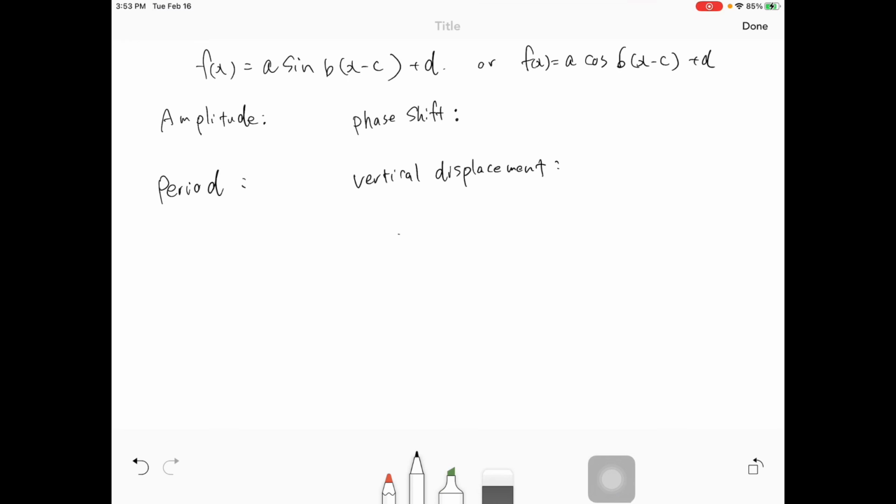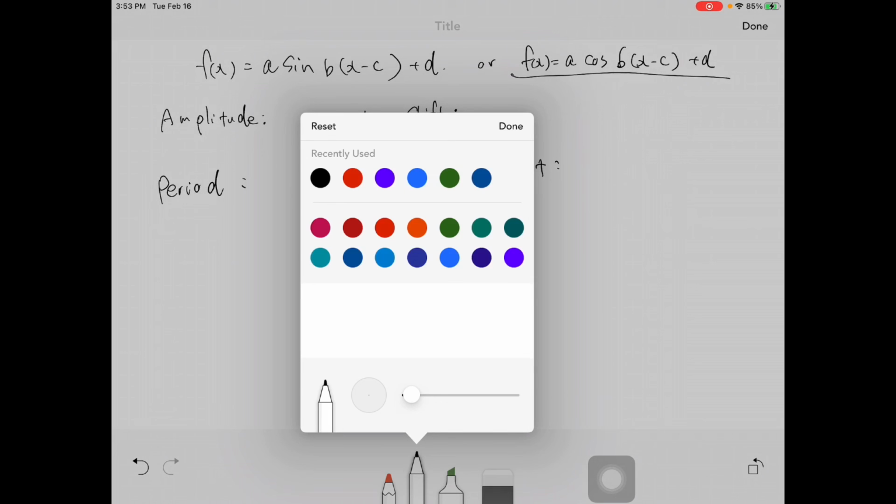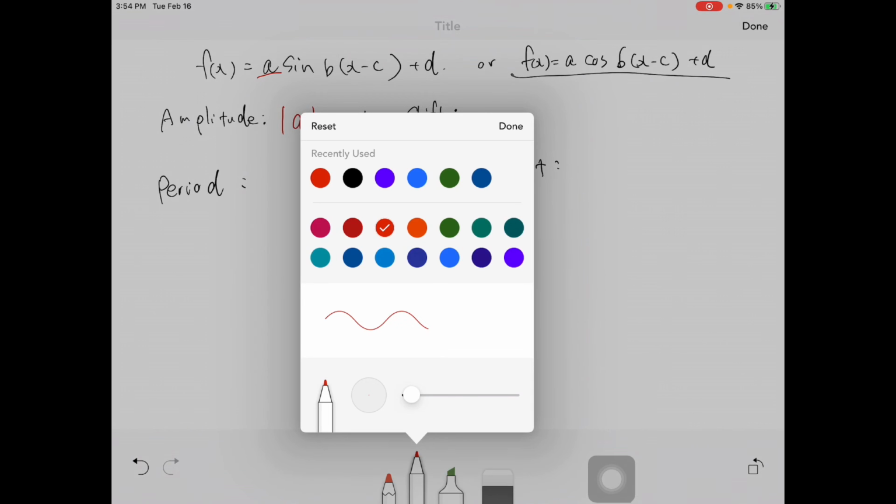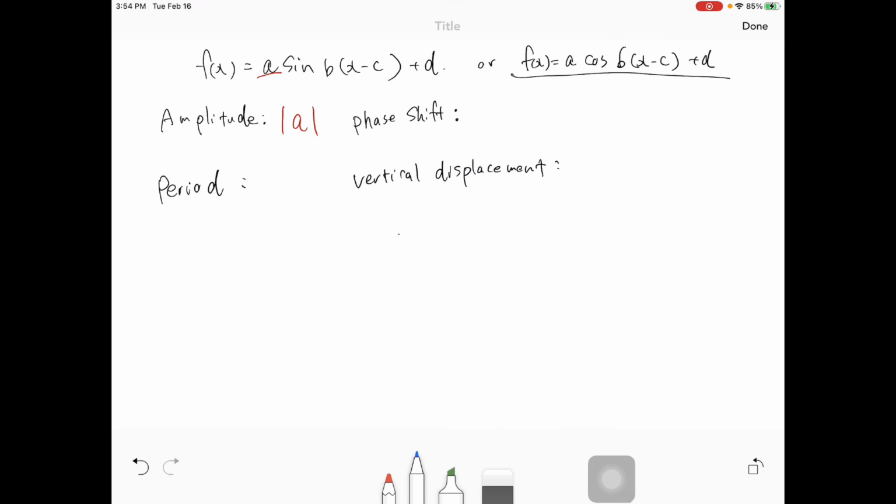If you have the function f of x equals a sine b times (x minus c) plus d, or it can be cosine, amplitude is going to be the absolute value of a, and period will be affected by this value b. It's going to be 2 pi over the absolute value of b.